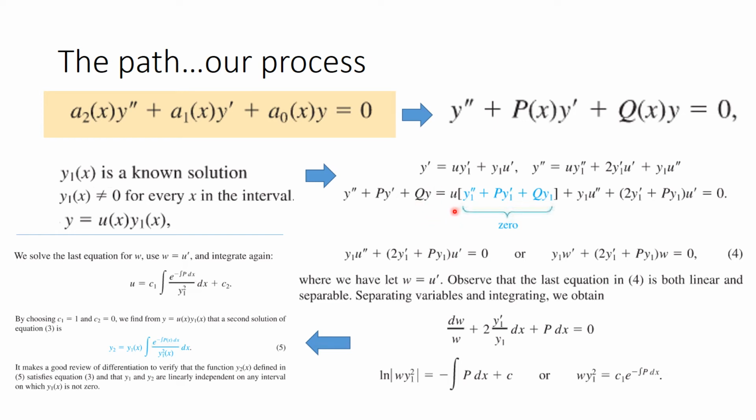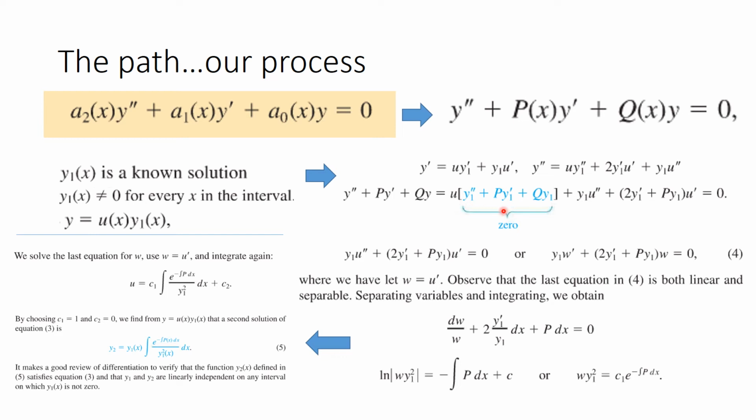And once again, we see that since y1 was a solution to this equation, this factor shown in blue is 0. That means we're dropping out by design the term having the u in it.